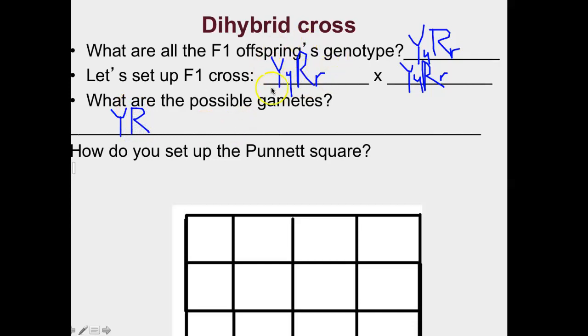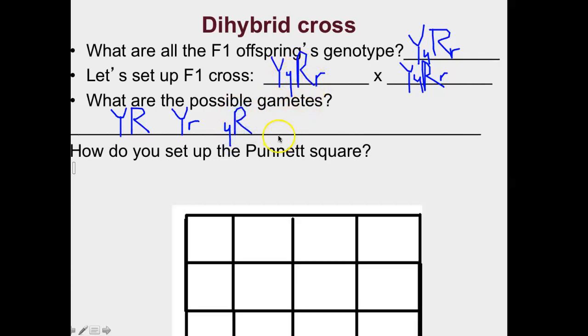If you shuffle these around to make a haploid gamete, that's one possibility. What's another possibility? How about we pick a big Y and stick it with the little r? That's also possible. How about we take the little y and stick it with the big R? That's possible.